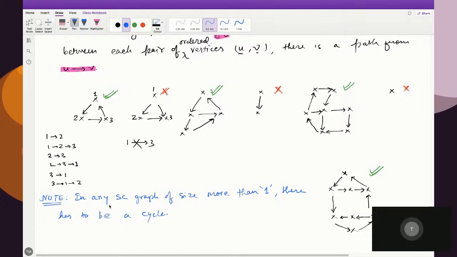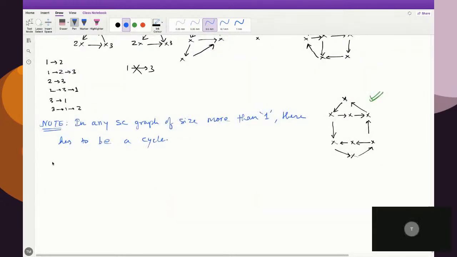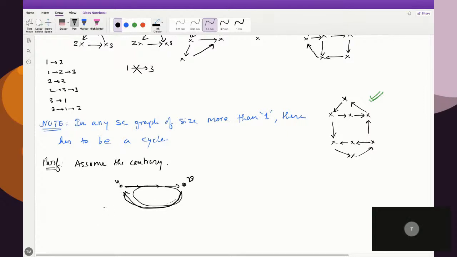Because if there are no cycles, then, for a quick short proof, assume the contrary. If there is a path from node U to some node V, then for it to be a strongly connected component, there has to be a path from V to U as well. And since the same path cannot serve both U to V and V to U, if there is another path from V to U, then you have a cycle here. So this is very obvious.